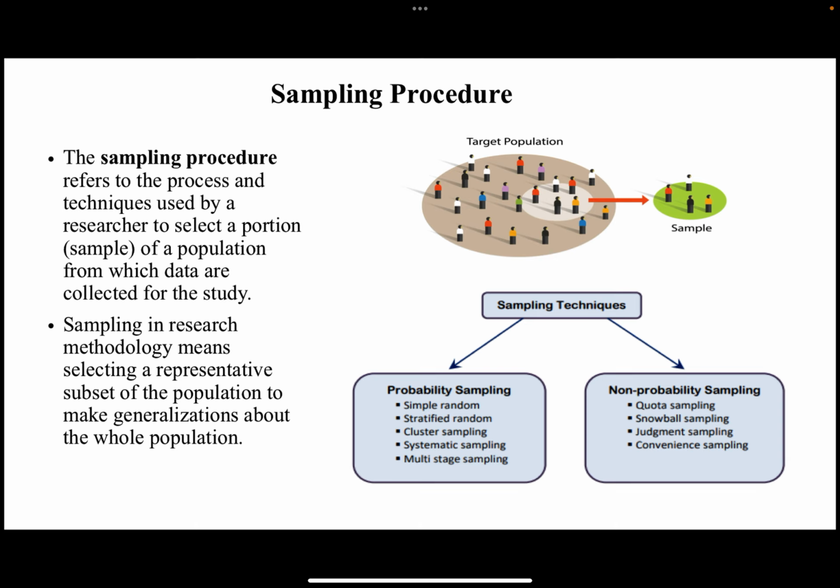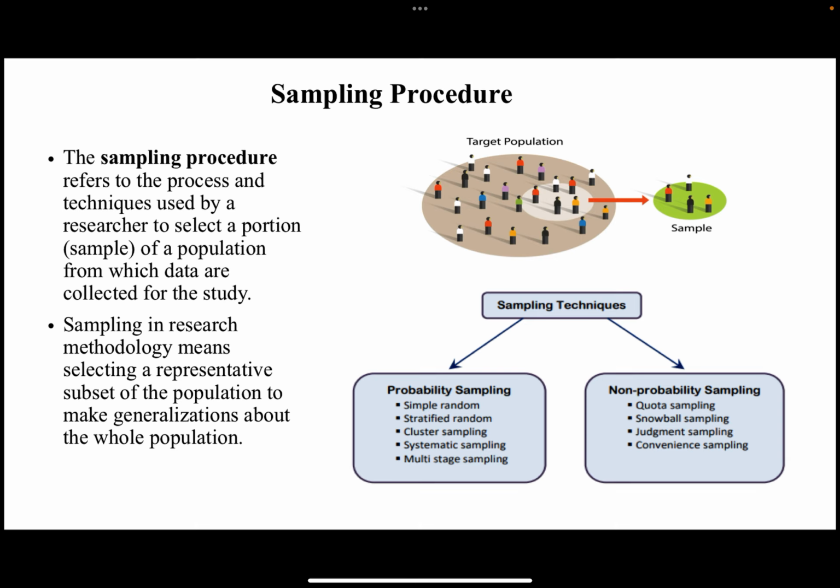You would get a sample, and you would only collect your data from the sample. The portion from your target population that you select using the sampling procedure is what we call a sample.